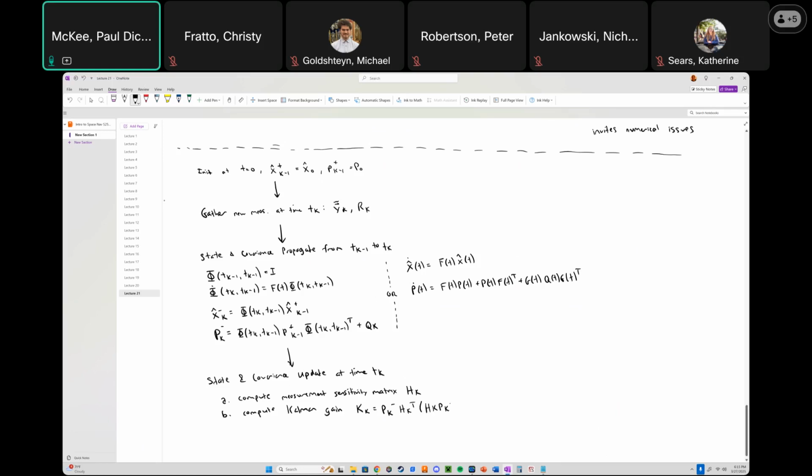And then we update state, which is going to look like x hat plus at time k is x hat minus at time k plus the Kalman gain times the measurement at time k minus what we expected our measurement to be.